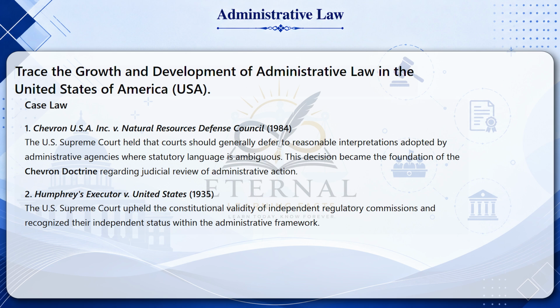The decision became the foundation of the Chevron Doctrine regarding judicial review of administrative action. Humphrey's Executor versus United States, 1935. The U.S. Supreme Court upheld the constitutional validity of independent regulatory commissions and recognized their independent status within the administrative framework.